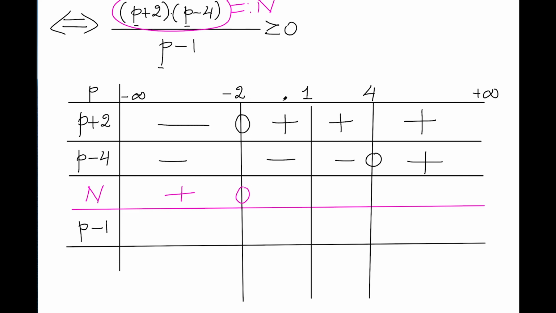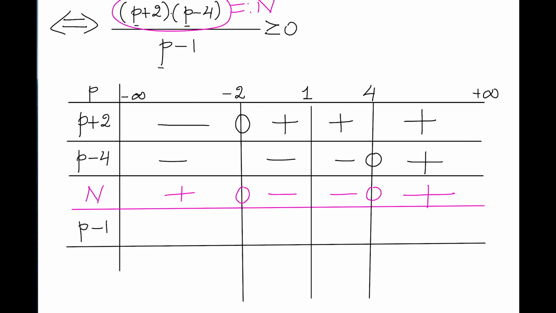When p is between minus 2 and 1, I'm going to have negative as the sign of the numerator. And likewise here, between 1 and 4, this is also going to be minus. At 4, this factor p minus 4 is 0. As such, the numerator is going to turn into a 0 entity. And after 4, the numerator is going to be a product of two positive entities.